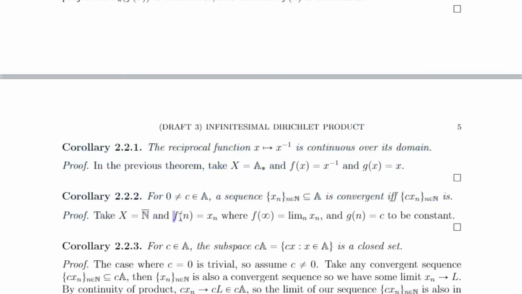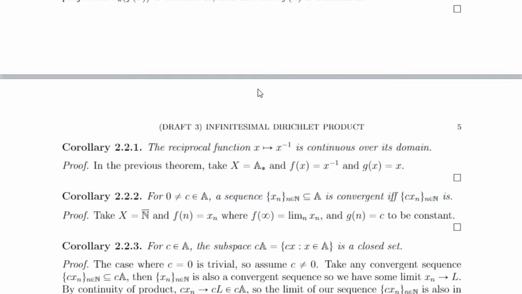Our function f on each integer will just be x sub n, and we're going to take f of infinity to be whatever the limit value of the sequence is, if it exists. And we'll take our g function to just be the constant function c.